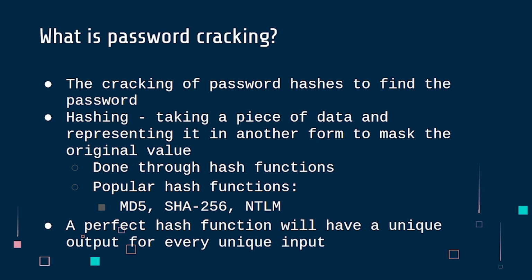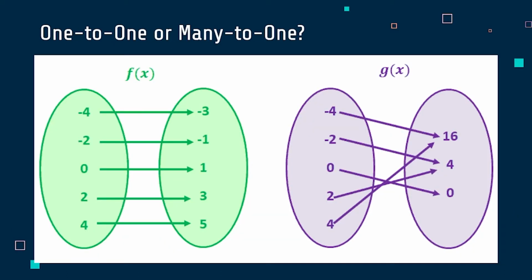Some popular hash functions are MD5, SHA-256, and NTLM. And one thing to keep in mind is that a perfect hash function will have a unique output for every unique input. So for those of y'all who've taken something like discrete math, you've probably heard of one-to-one or one-to-many or many-to-one functions.